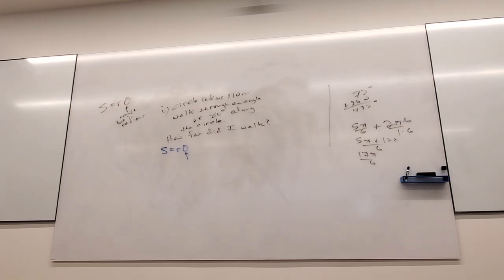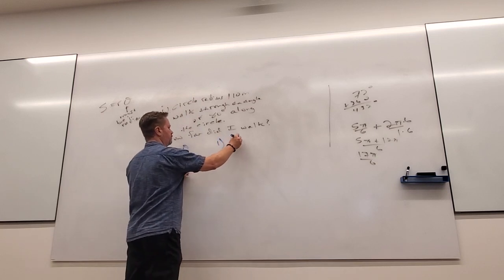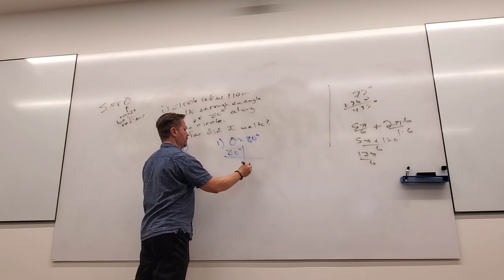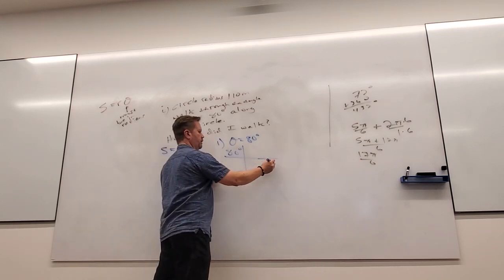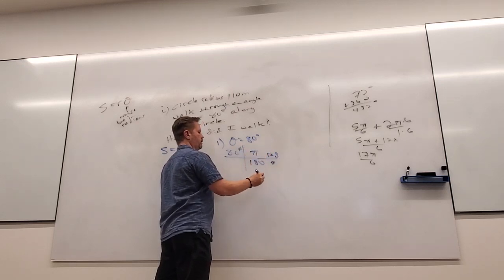Okay. So the first step is to get the angle into radians. So how do I do that? Times pi over 1. Yeah, I want to kill degrees, so put it down there. I want to go to radians. So pi radians in 180.